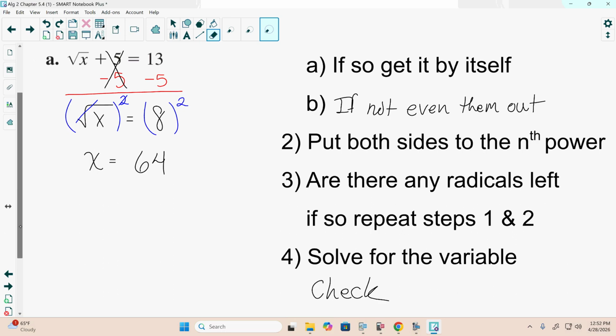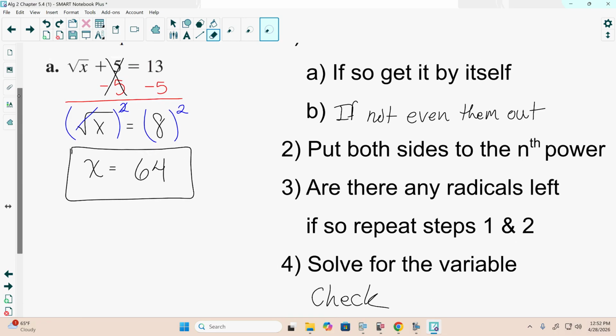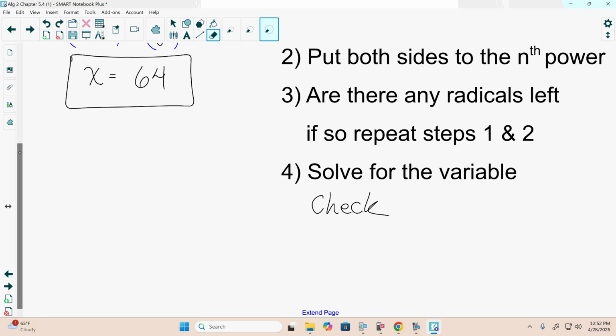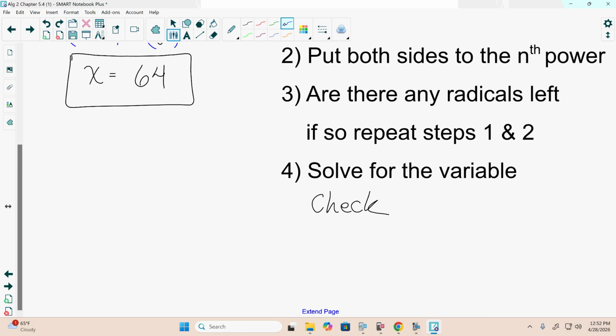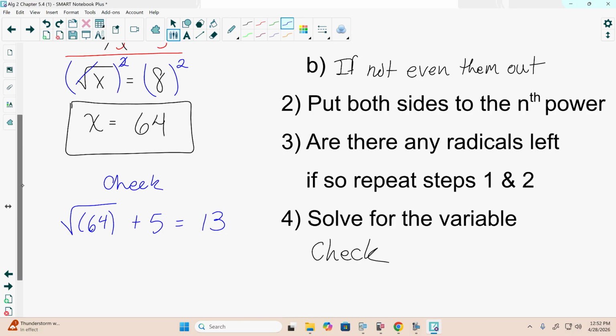Well, at this point here, x is by itself. It has been solved for. X is 64. And if we wanted to check this, all we've got to do is plug it back in. We want to see, is the square root of 64 plus 5 equal to 13?